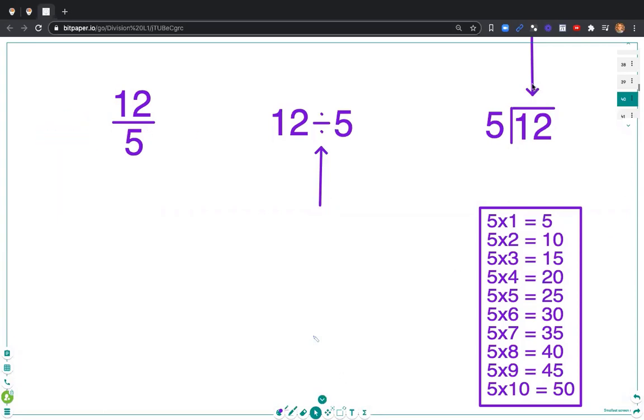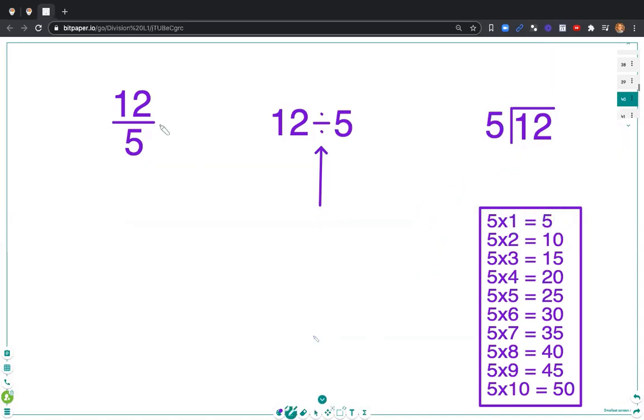Now I'm going to look at my multiplication facts. How many 5s can I make out of 12? If I make 2 5s, that gives me 10. If I make 3 5s, that gives me 15. That's too much. It looks like I can make 2 5s out of 12.